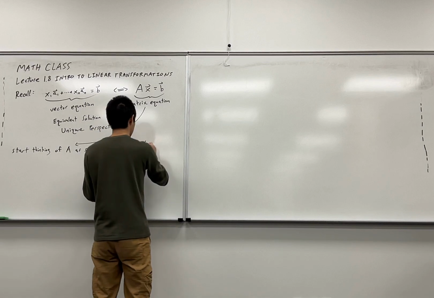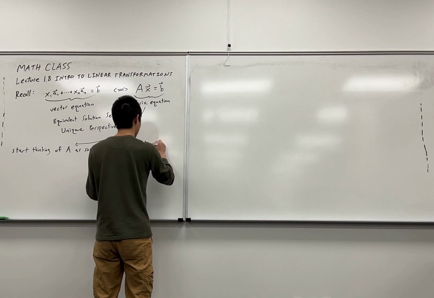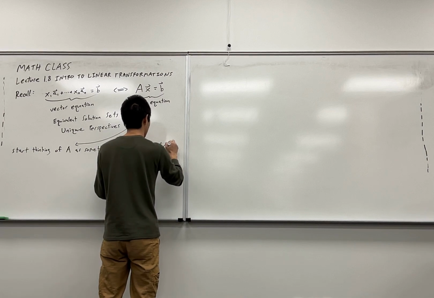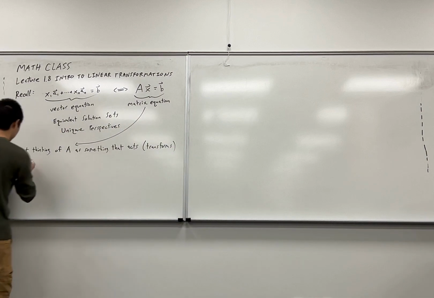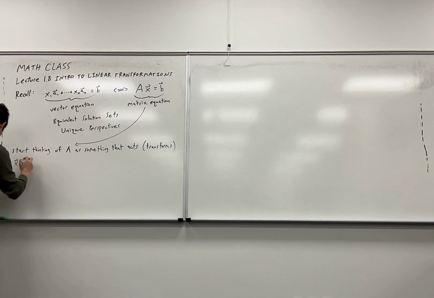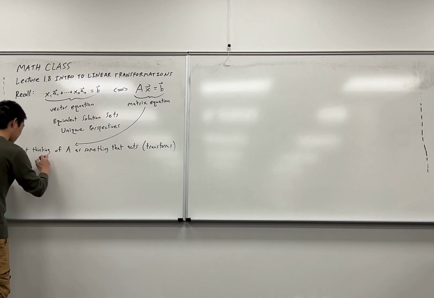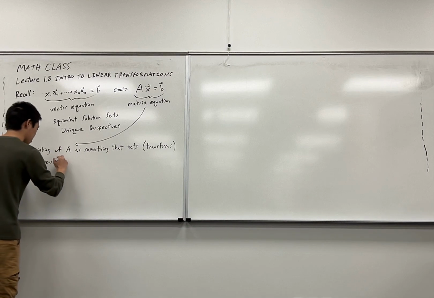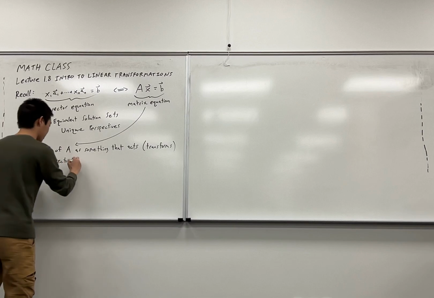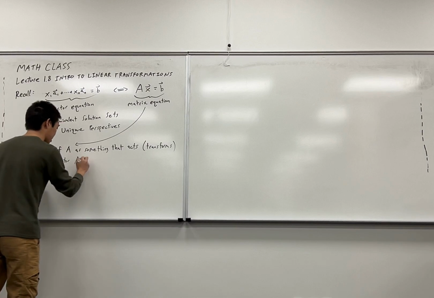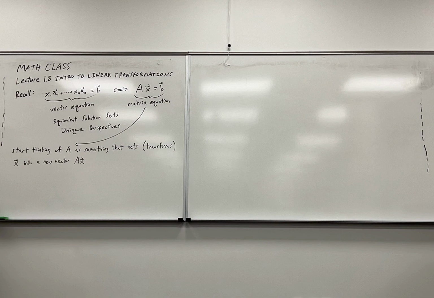And we could also think about this as something that transforms our vector x into a new vector. And we can call that new vector Ax. Okay? So this is the link, the roadmap from how we're going to get from sections 1.1 to 1.7 to now 1.8 onward. Okay?